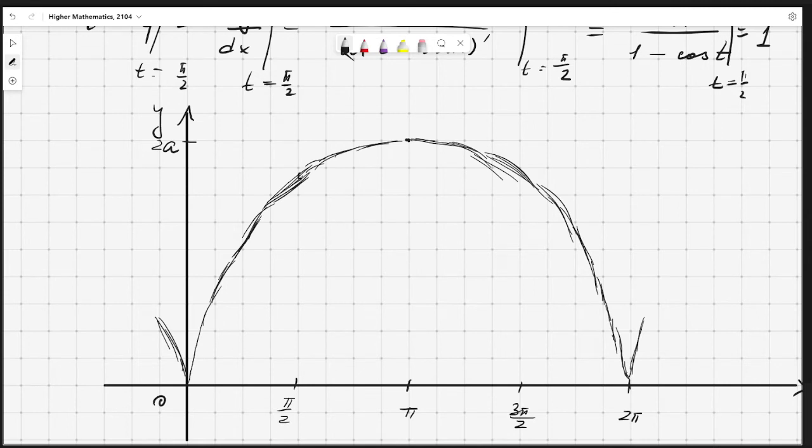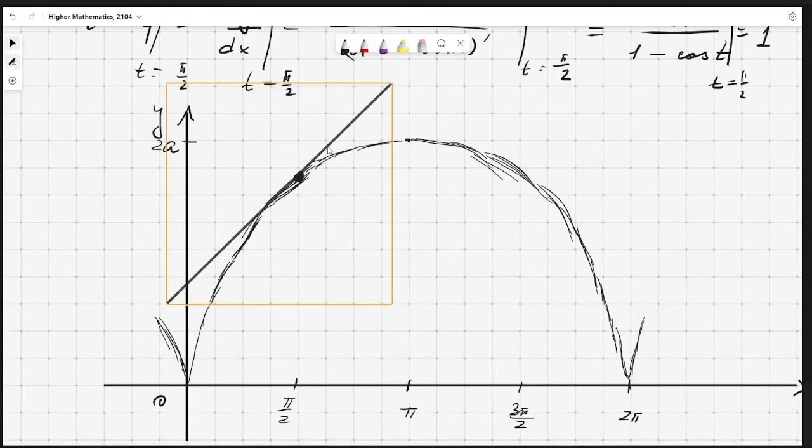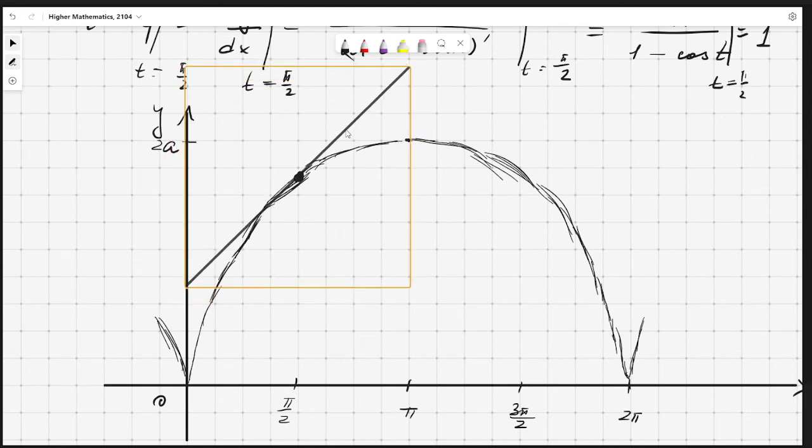But we need point pi over 2. Okay, it is tangent line.